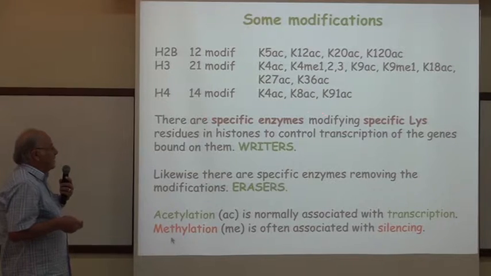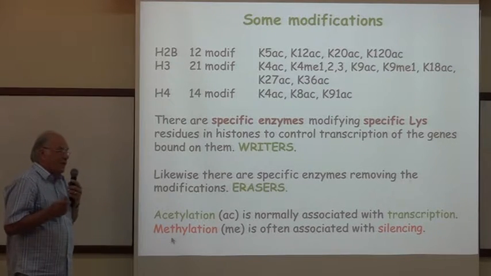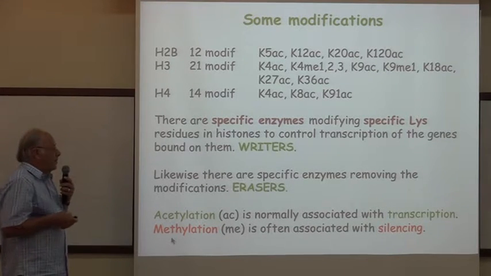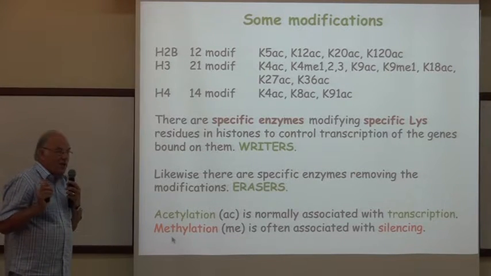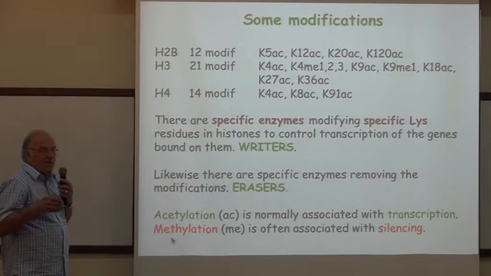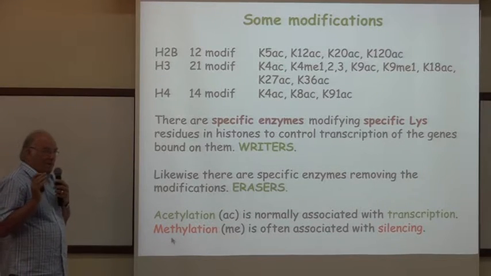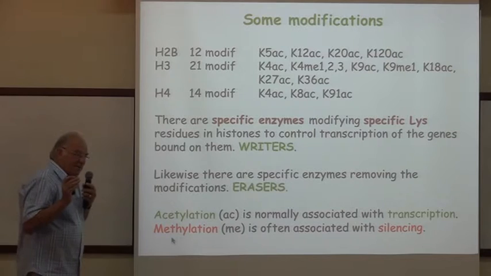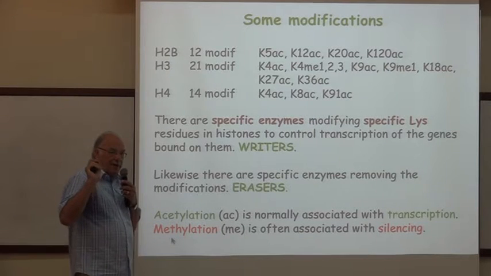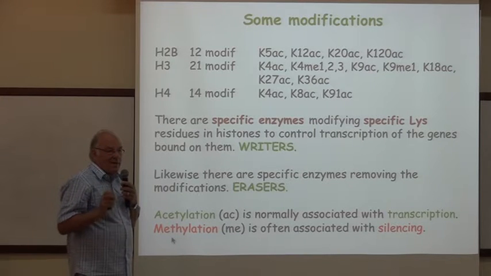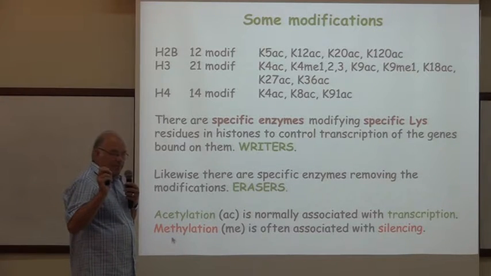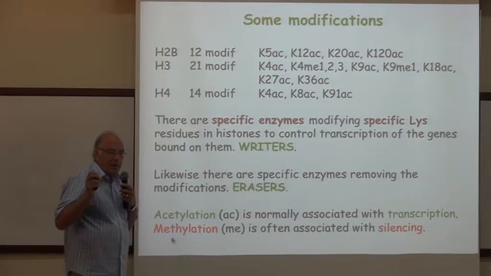So there are specific enzymes modifying specific lysines in the histones to control the transcription of the genes bound to them. So these are the writers. There are specific writer proteins that make the modification. Either they can add 1, 2, or 3 methyl groups to the lysine, or they can add an acetyl group to the lysine.